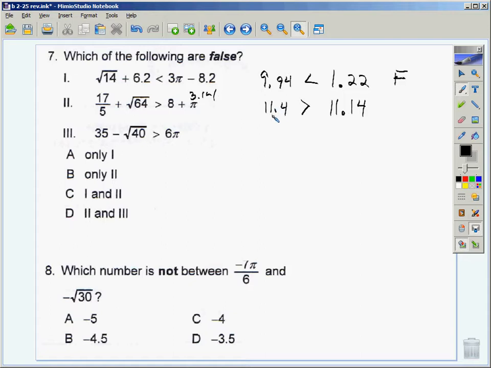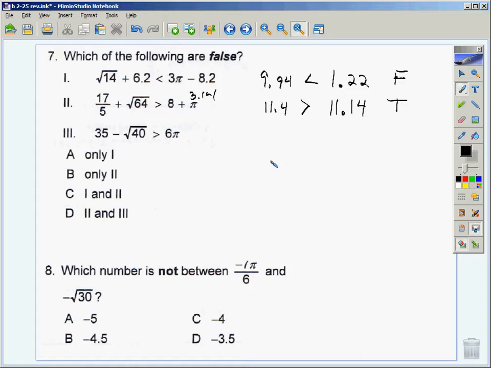Is 11.4 bigger than 11.14? Yes. This is true. 11.4 is like $11.40 compared to $11.14, right? This is definitely a true statement.